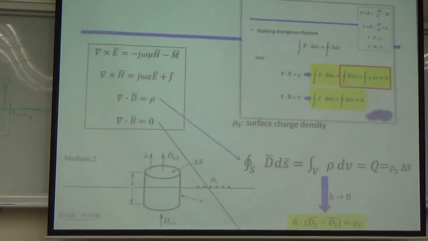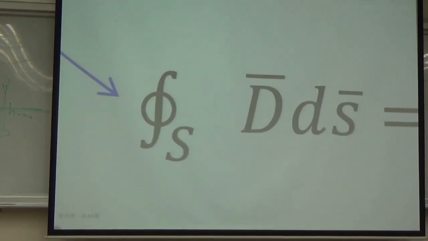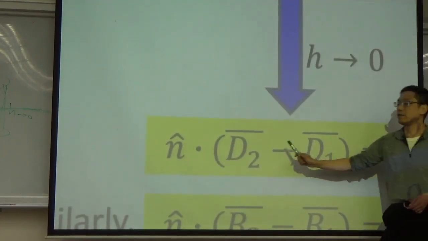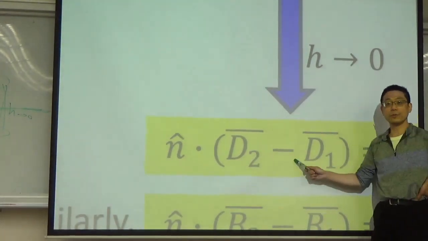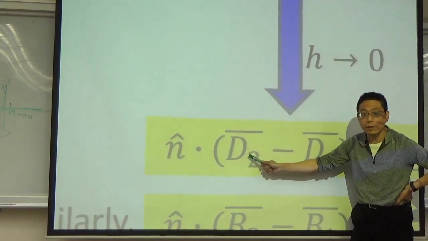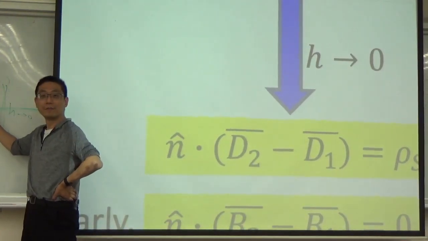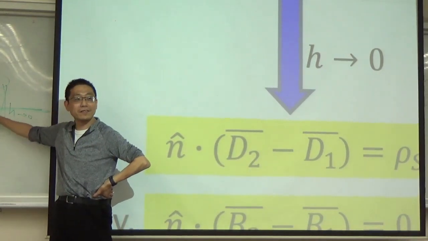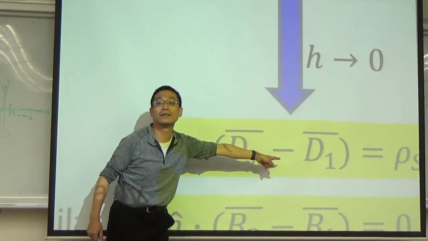So if you do the surface integration of D, you obtain D2 minus D1. Why D2 minus D1? Because the direction of D2 is the same as n, but the direction of D1 is opposite to n, so this one takes the minus sign.